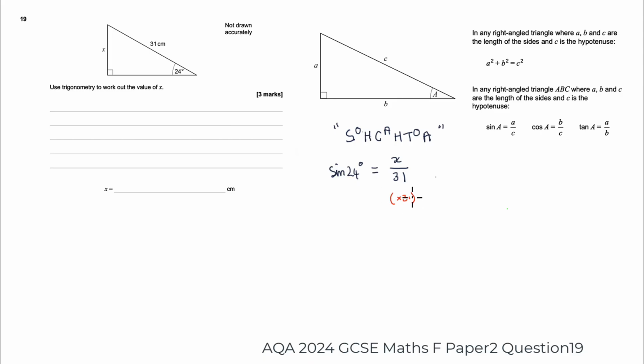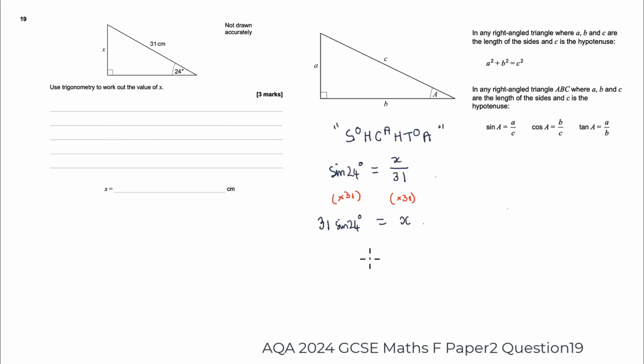And if you've multiplied the right hand side by 31, you must do that to the left hand side so that both of these sides are balanced still. So 31 lots of sine 24 is equal to, well, why did we multiply by 31? To get rid of that divide by 31. So we'll just be left with x.